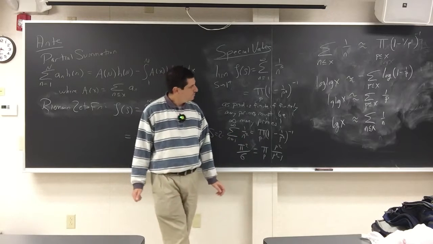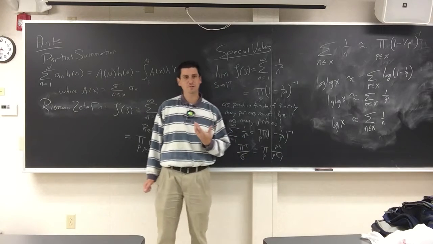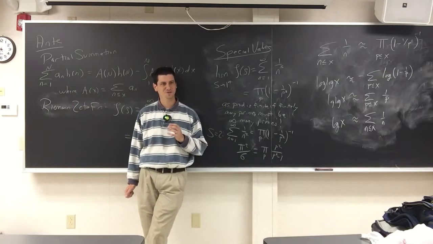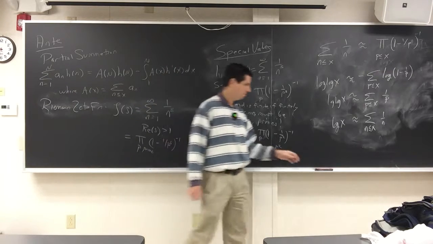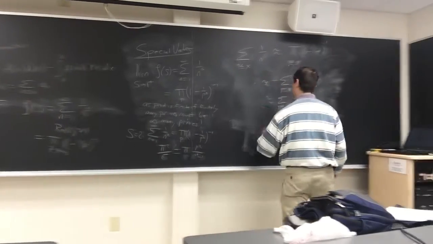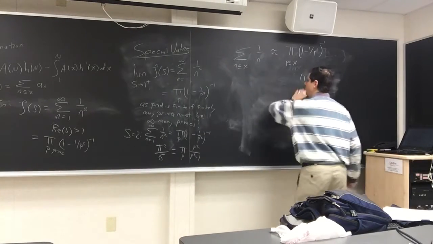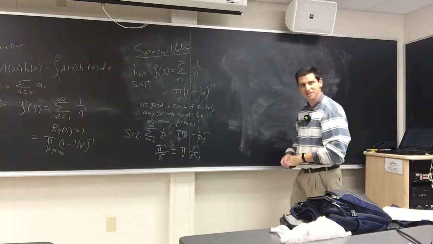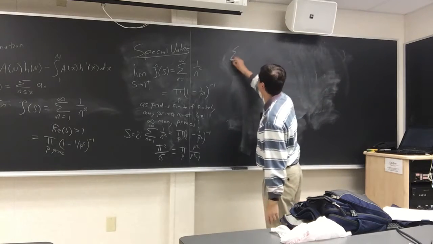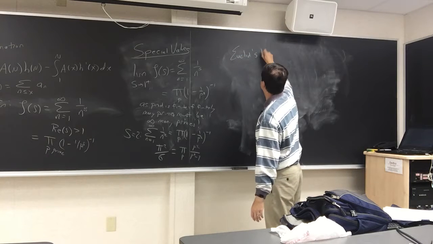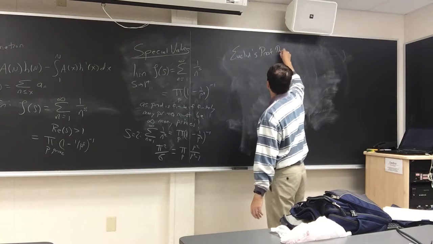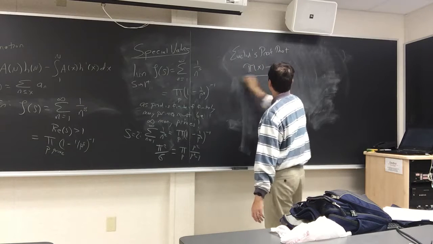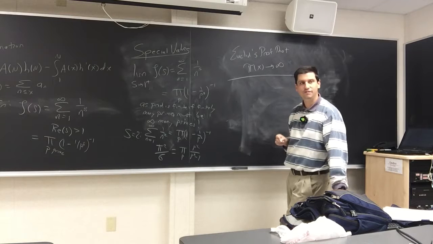So how many of you have seen Euclid's proof of the infinitude of primes? Has anybody not seen Euclid's proof? Okay. So Euclid's proof, the copyright has expired. It is probably one of the most used proofs in all of mathematics. So Euclid's proof that pi of x goes to infinity. Assume there are only finitely many primes.